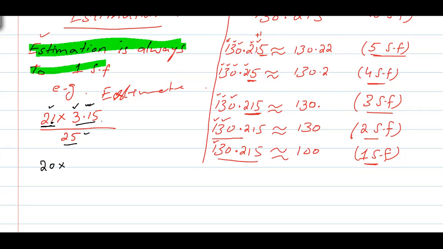This is the first significant figure, 3. So the decimal part you can completely ignore. For the whole part, if the value is changing a lot, then you have to make the remaining digit 0. Okay, so just write 3 over. Now this is 25. We are doing the estimation, so estimation is always to one significant figure. So what I will do, I will just write, I need only this one.